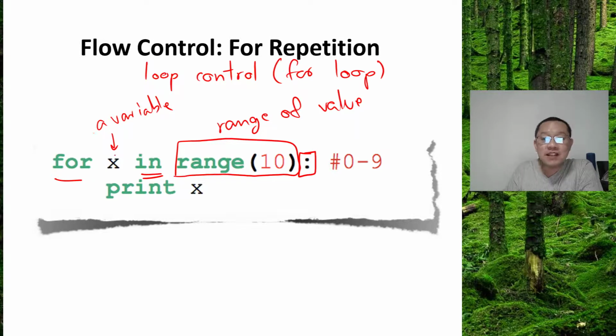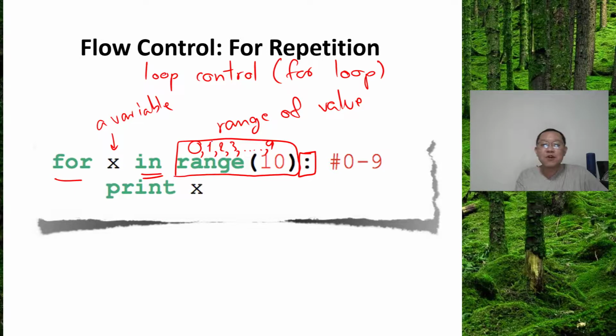What will this line do? For will assign x with each value in this range. For range 10 means the value from 0, 1, 2, 3 until 9.